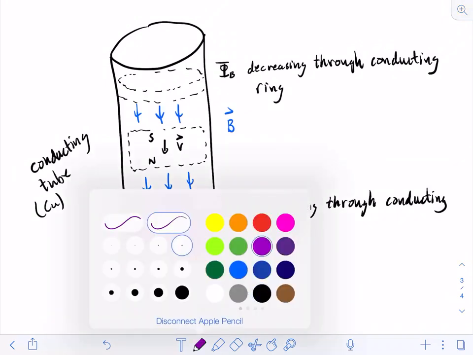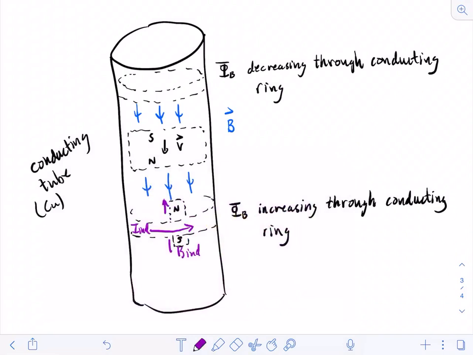Okay, so the induced magnetic field would tend to oppose that change in magnetic flux, and so it's going to be in the direction of the blue magnetic field lines B. So to make an induced magnetic field in that direction, we would need an induced current in our little conducting ring that flows in the direction shown. So it's in the front face of the tube, it points from right to left.